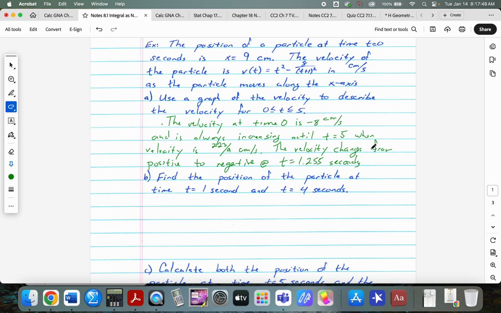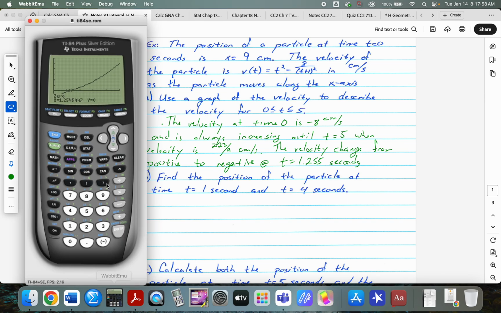Now, what happens if we were asked to describe the motion instead? So we've got this graph of the velocity. What would we know about the motion of the particle? It's moving along the x-axis. It's getting faster. Well, yes, the velocity is increasing the whole time. When I start off, which direction is it moving?